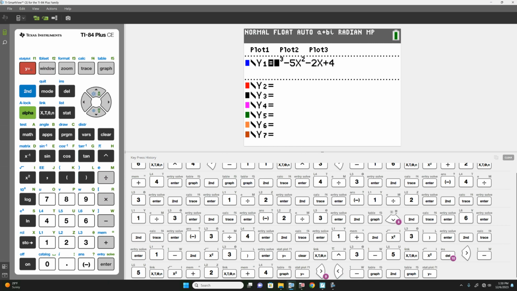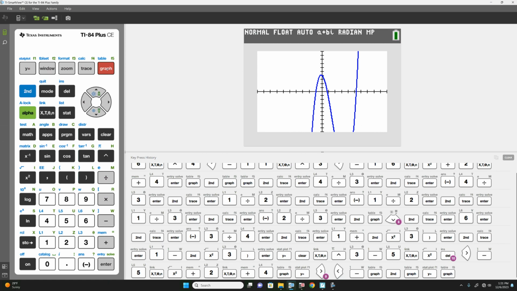X to the third minus 5x squared minus 2x plus 4.